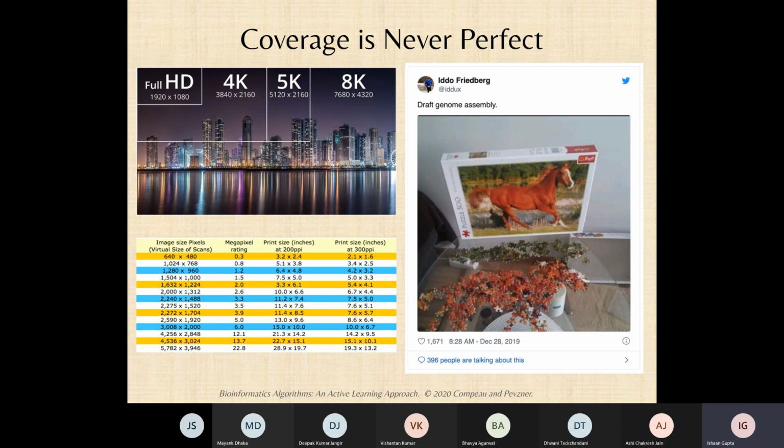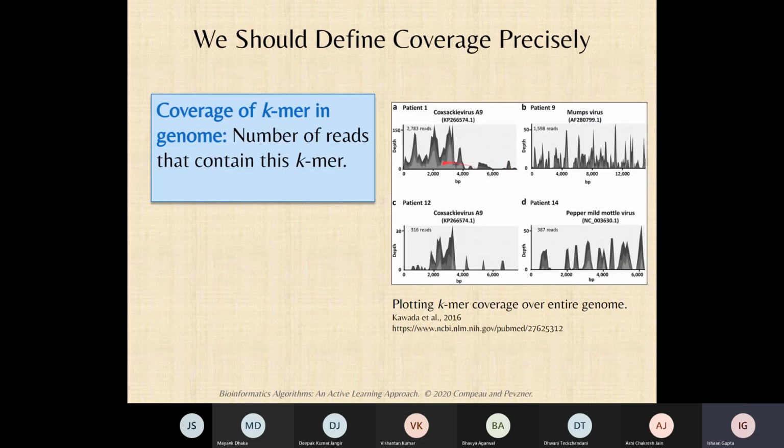So how does it translate to the real genome? If you are looking at the genome like this, on the x-axis is the genome itself. So this is four different kinds of viruses. And on the y-axis is the depth, the number of reads which are covering different positions of the genome. When you do the sequencing, you create fragments of the genome, put them in the machine, and you sequence and figure out what the actual letters in each of the reads were.